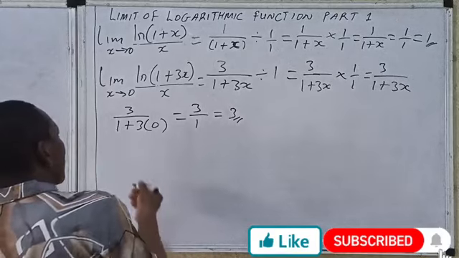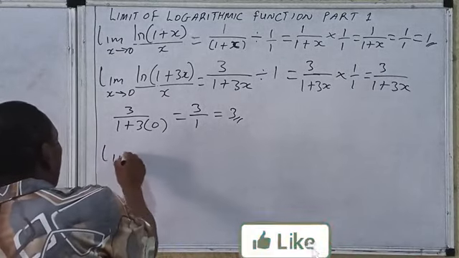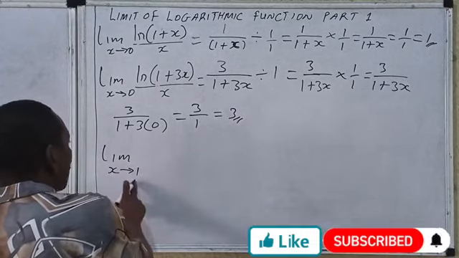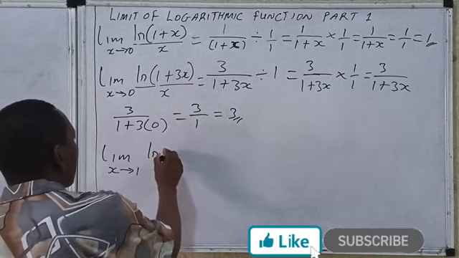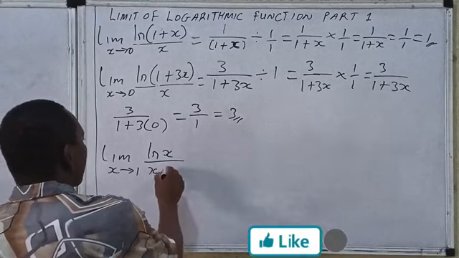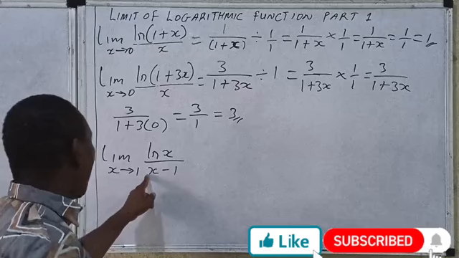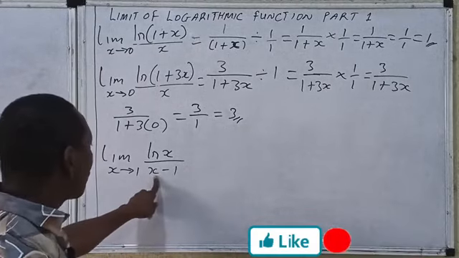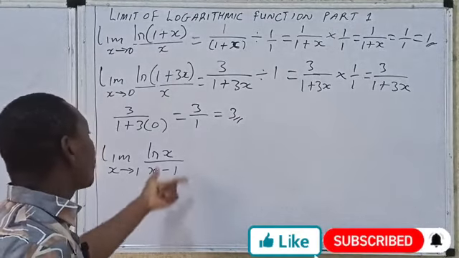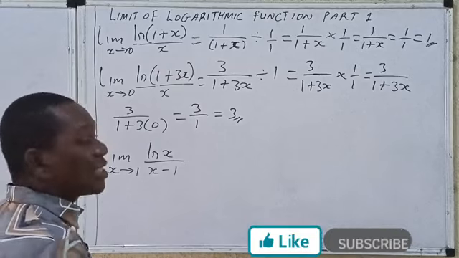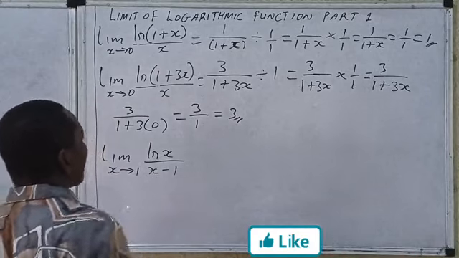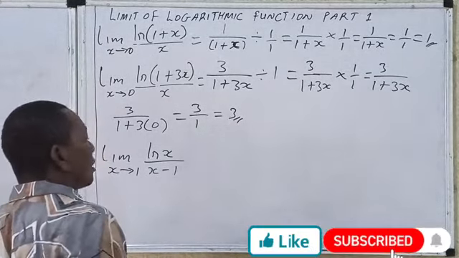And okay, let's proceed further. Let's assume that you see x as x approaches 1, natural logarithm of x all over x minus 1. Now, I decided to put x minus 1 because if I input 1 into this place and subtract, it will give me 0. So I'll have to use another method instead of using the direct method. If you are given this kind of case, it's still very easy.